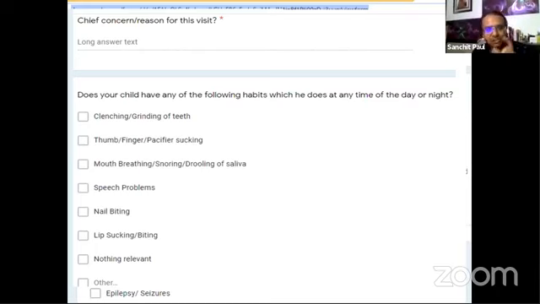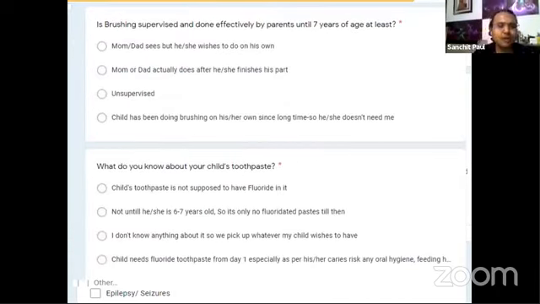These questionnaires are designed, if you see the questions, not in a direct yes and no form. It's designed on the motivational interviewing format, where we are asking the parent, do you think that you should be supervising the brushing, or are you fine with the child brushing on their own? Because the rule of this questionnaire is that unless the parents are motivated and understand what really makes a difference, no matter how much we try to counsel them, the change won't happen.